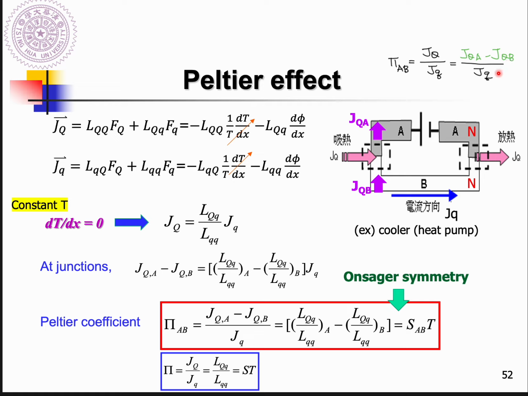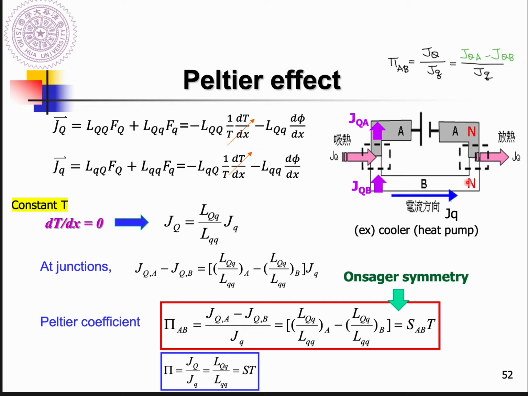In that case, the heat flux JQB should go this way, downward, which means the direction of JQB is the same as the electrical current.